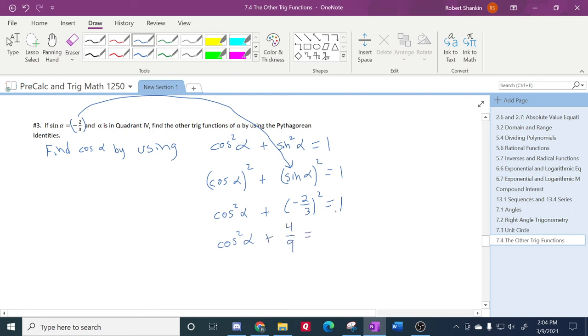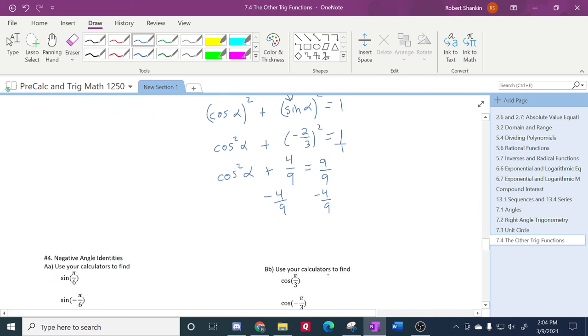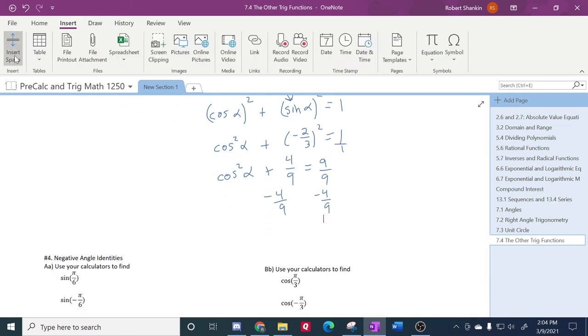And I'm going to make 1 over 1 into 9/9. And then I'm going to subtract 4/9. We have common denominators now.